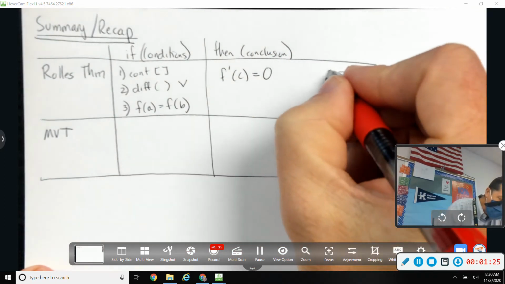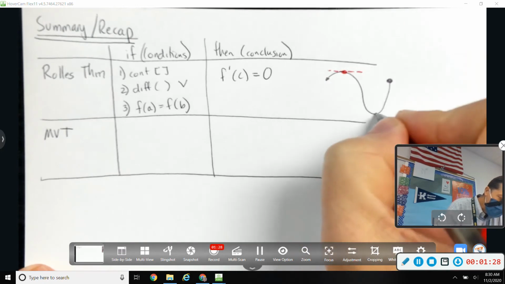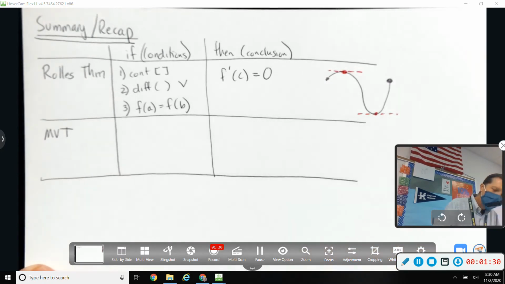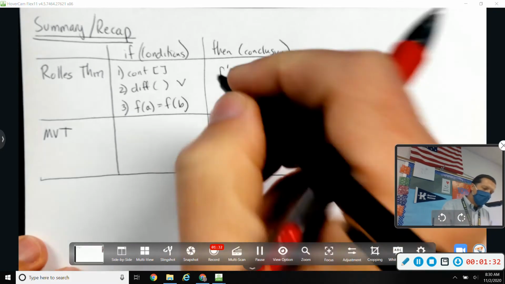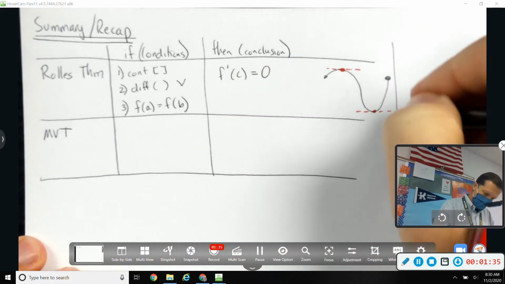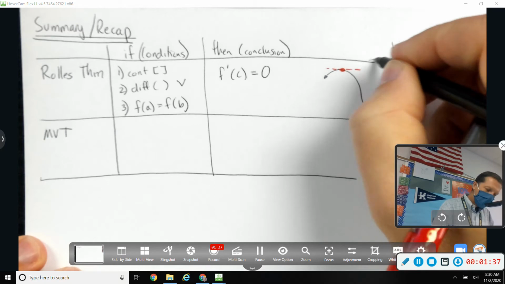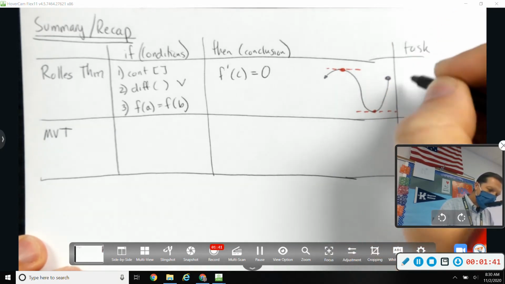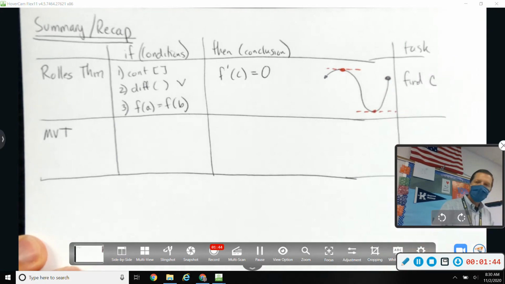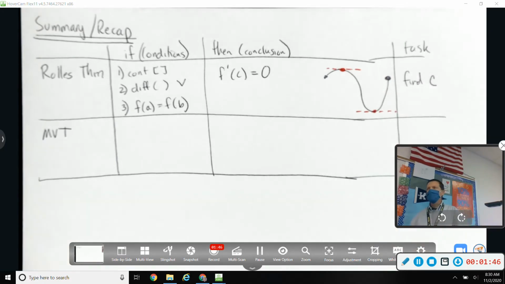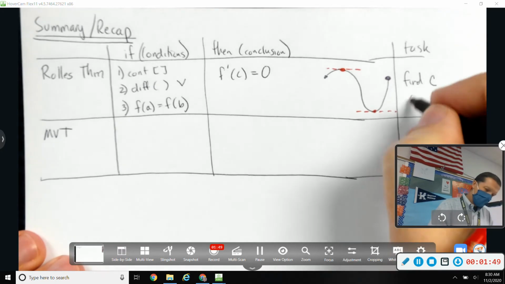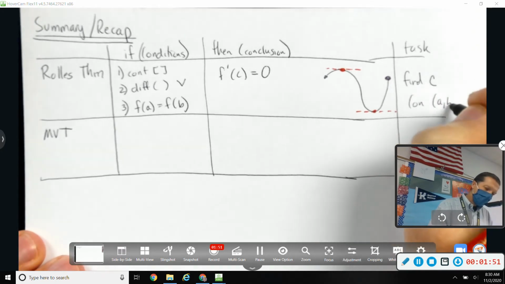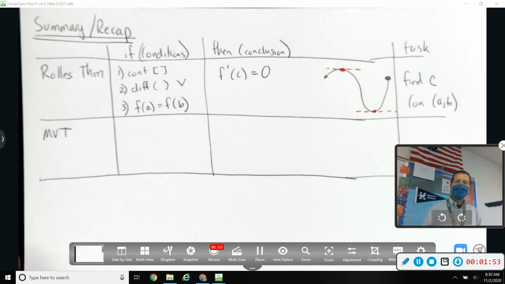Maybe more than one somewhere, but at least one place the slope equals 0, and your task usually is to find c. Like where does that happen? And remember, it's got to be on a to b. So sometimes you got to throw out an answer or two if they're not in the interval that you were talking about.